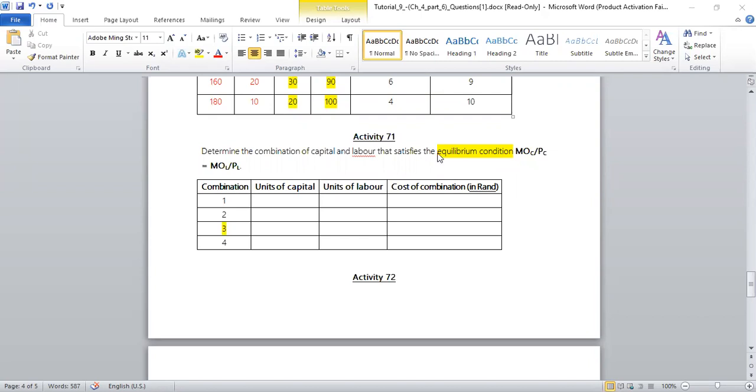The one from your horizontal axis is equal to the one from the vertical axis. In other words, they intersect. So here, if things are equal, it means they derive the same output or the same cost.